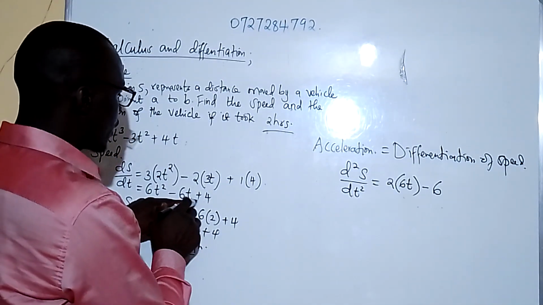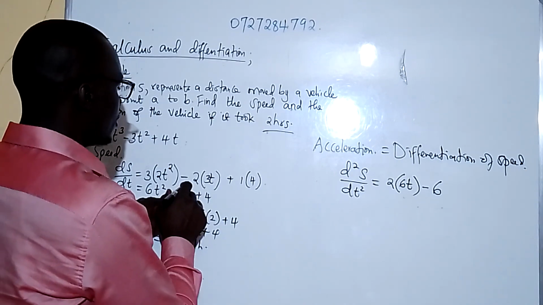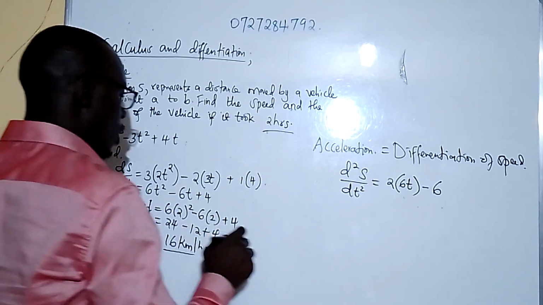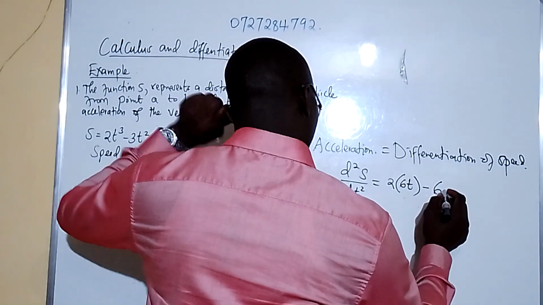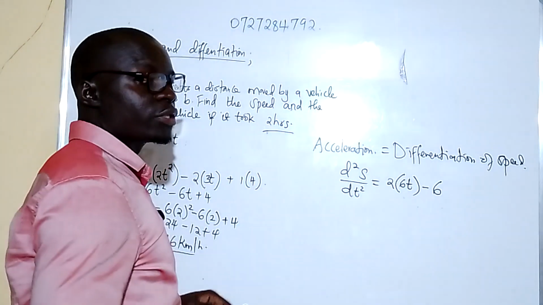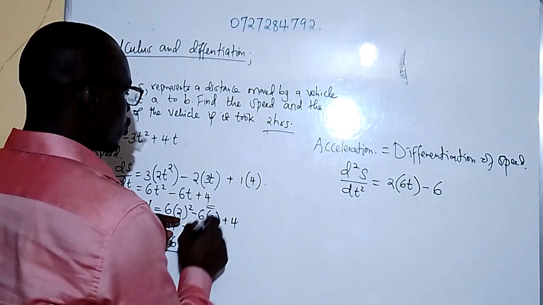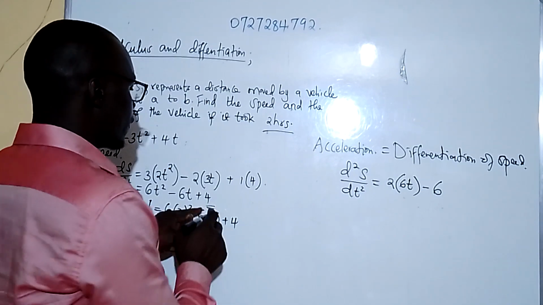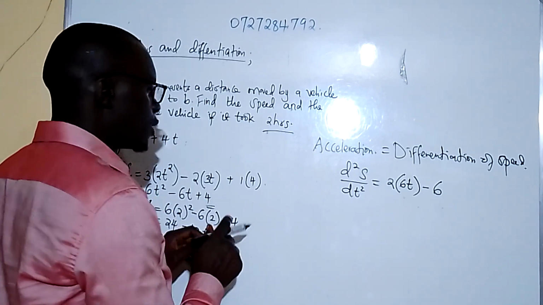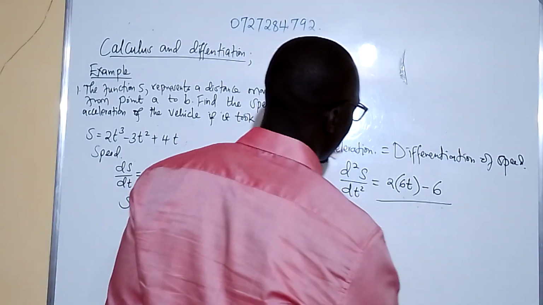By differentiating that, we come up with 0 because it is t to power 1 minus 1. So that is 0, meaning we have 1. Any number raised to power 0 is 1. And this one here has no t. So we cannot differentiate it with respect to t because it has no t already. So this is our answer there.